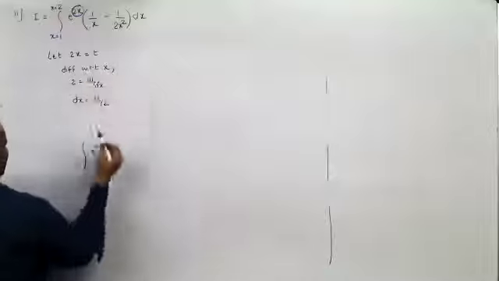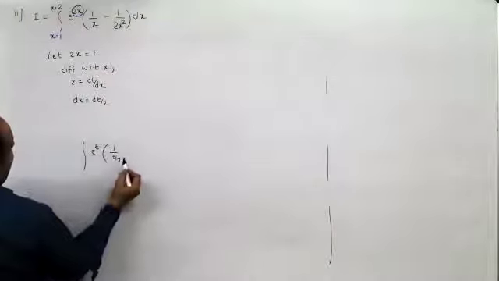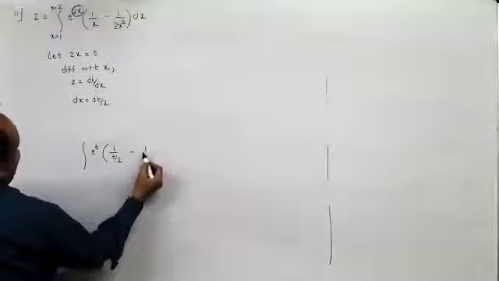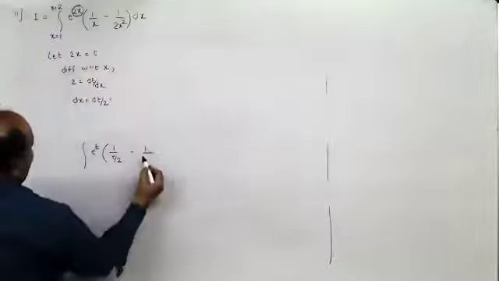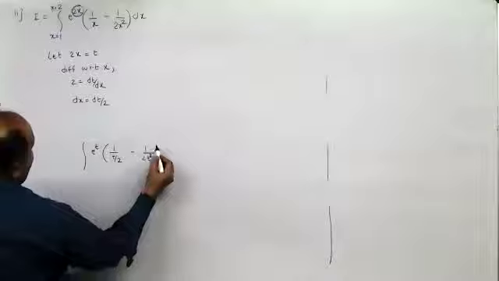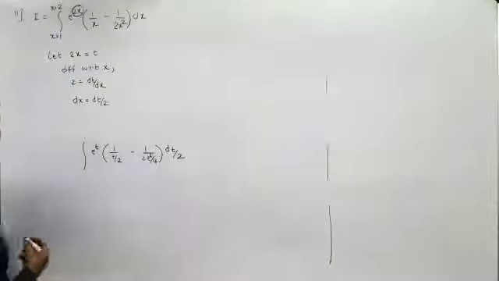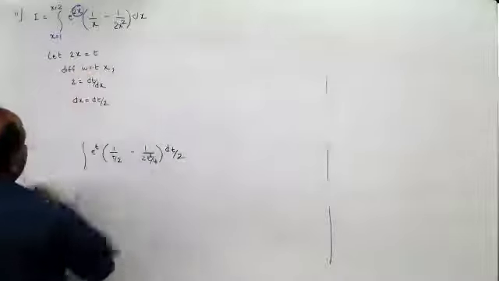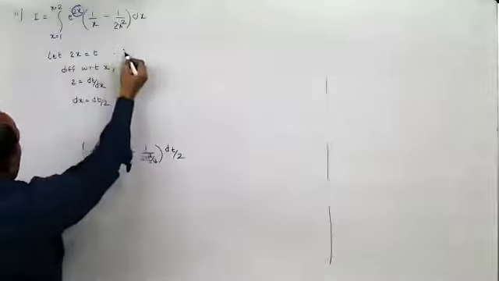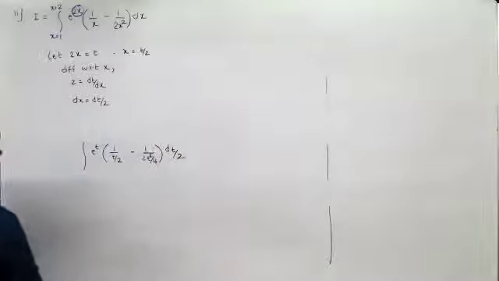Then 1 upon x would be replaced by 1 upon t by 2. And here, minus 1 upon 2 into x square, so that would be t square by 4, and this is dt by 2. Have you followed it? 2x is t, so therefore x is t by 2, and I am taking t square by 4 over here.